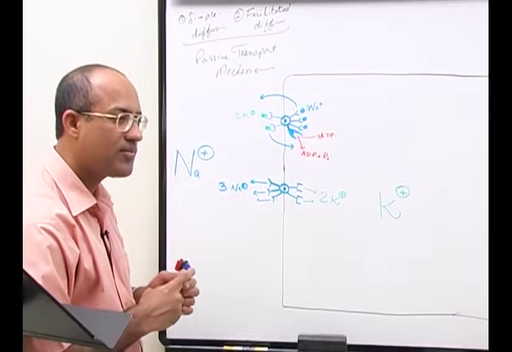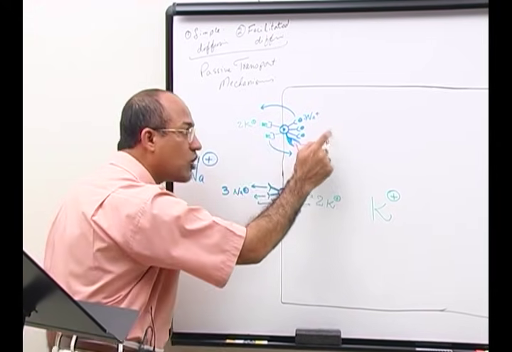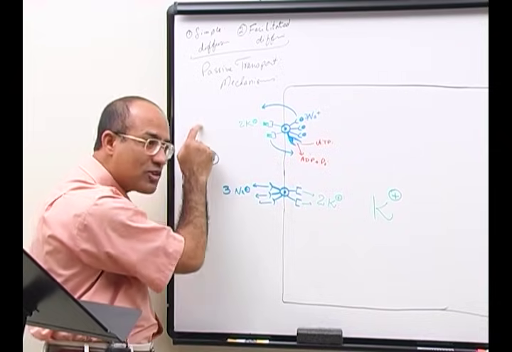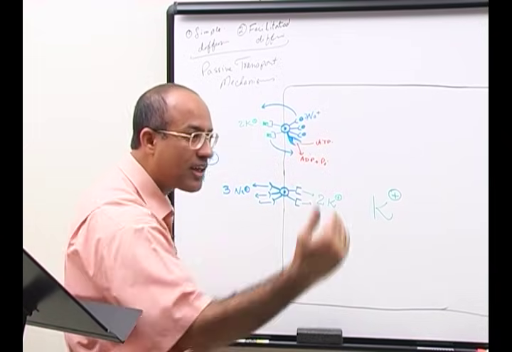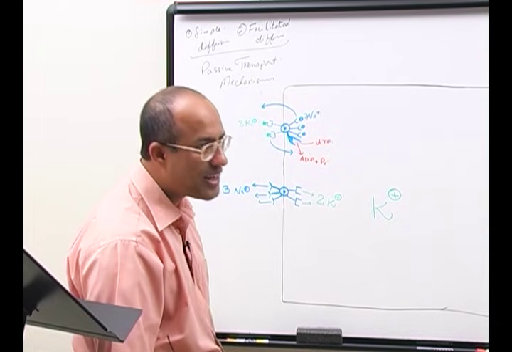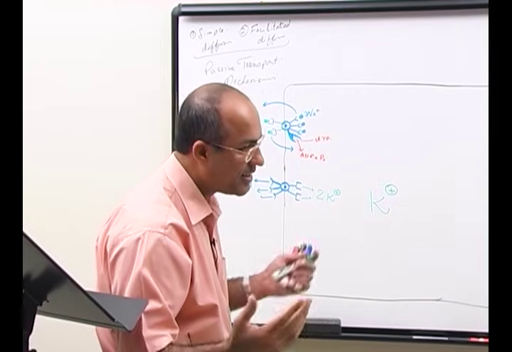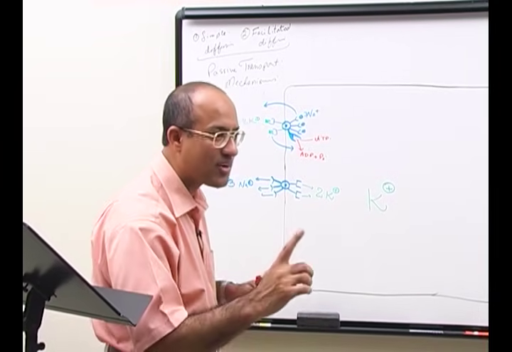So what does it mean? That this molecule has to pump the sodium from low concentration to high concentration. So it is pumping the molecules downhill or uphill? Uphill. And if you want to pull anything uphill, you need to invest energy. You are experienced, right?